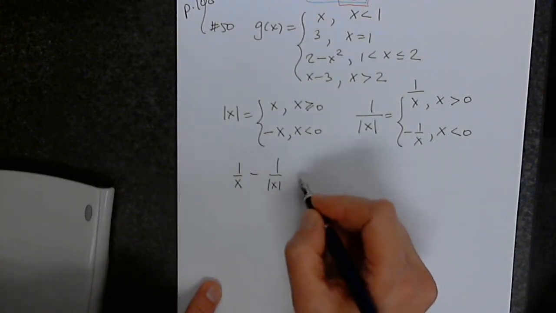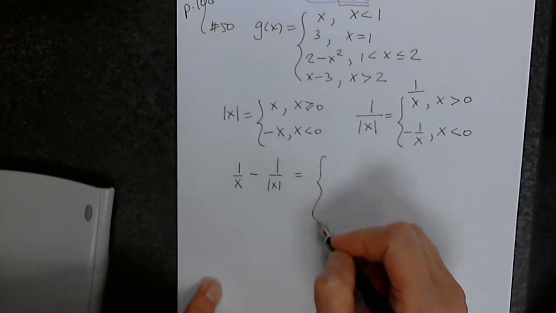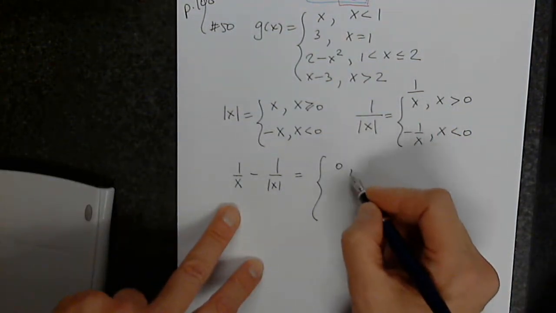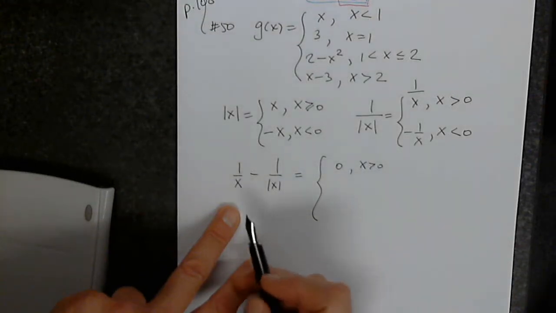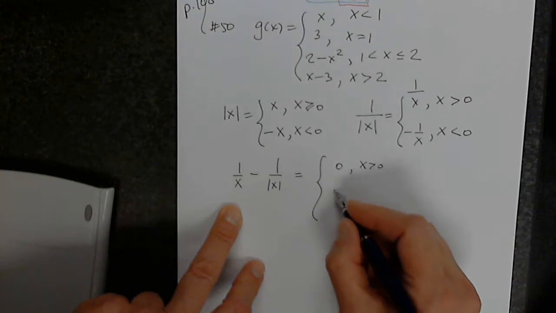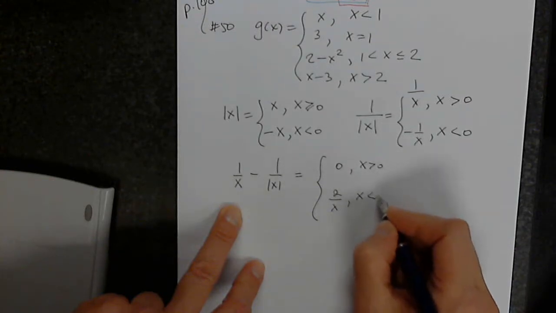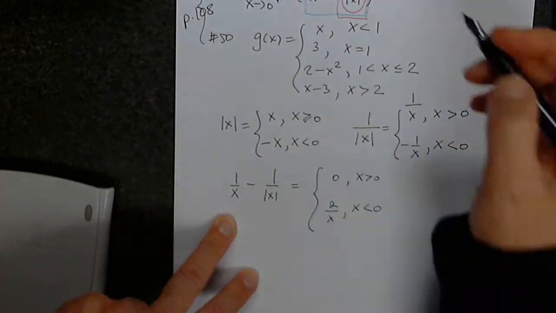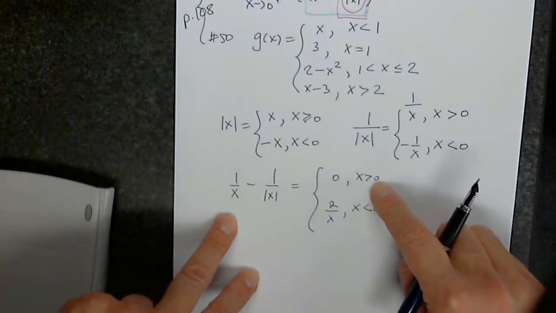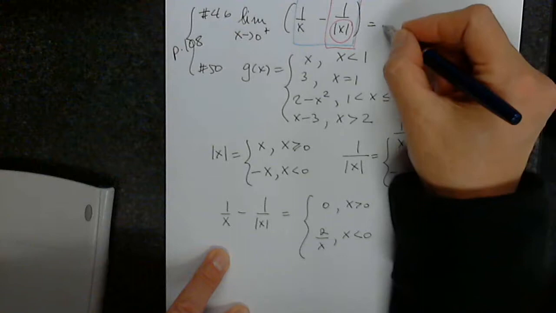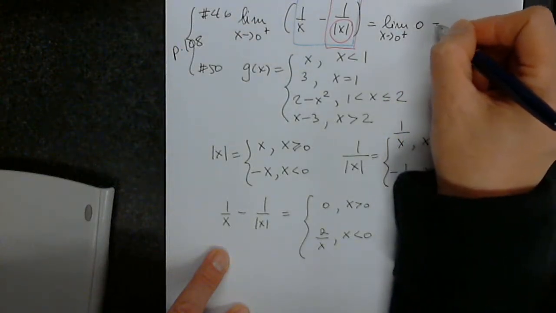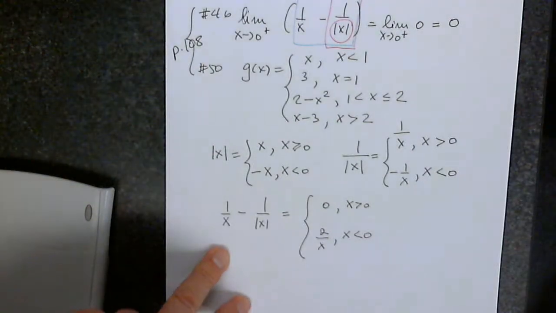The first option is 1 over x minus 1 over x, which is 0 for x greater than 0. The second option is 1 over x minus 1 over x, which is 2 over x for x less than 0. Now I can come back to this. This is basically the limit as x approaches 0 from the right of 0, and the answer is 0.